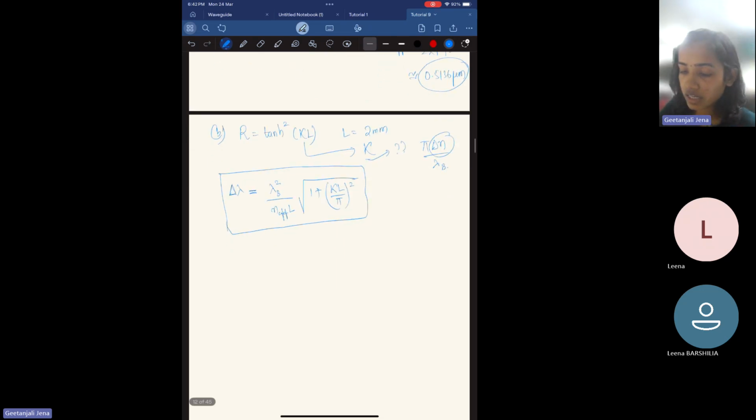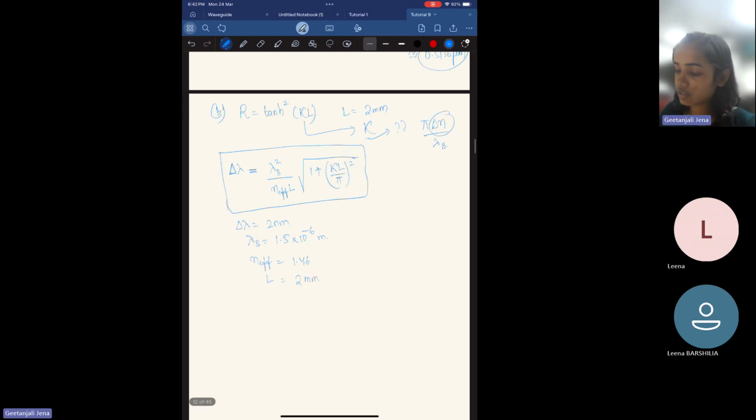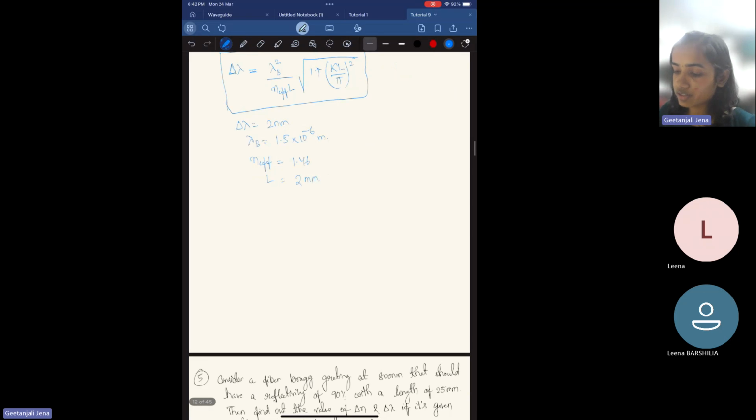So now the question seems easy because Δλ is given, it is 2 nanometer, and λ_B is given, 1.5 micrometer, and n_eff is given, 1.46, and L is given, which is I think 2 mm. So just put the parameters in the expression here.